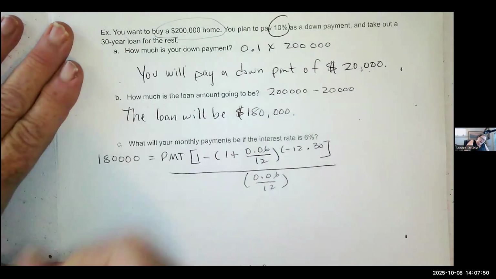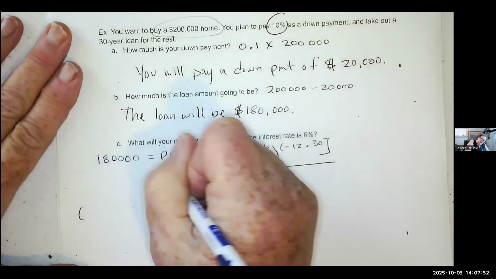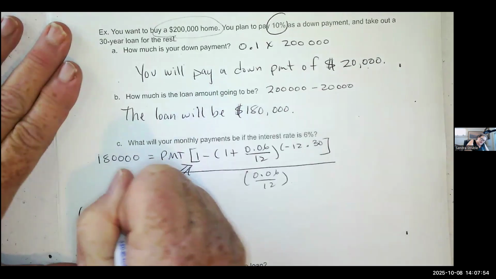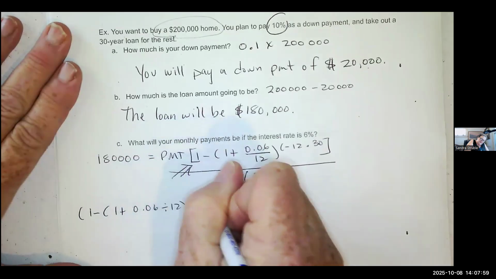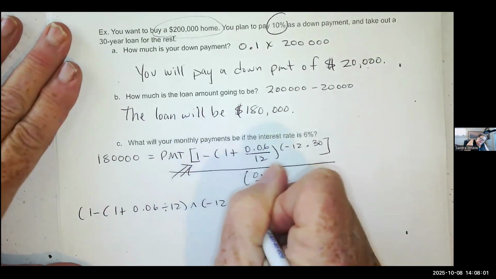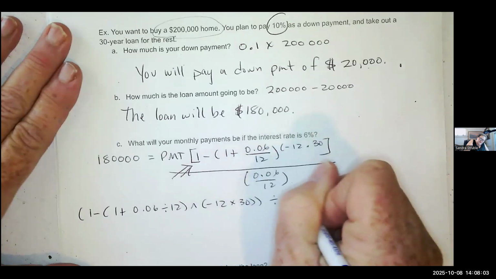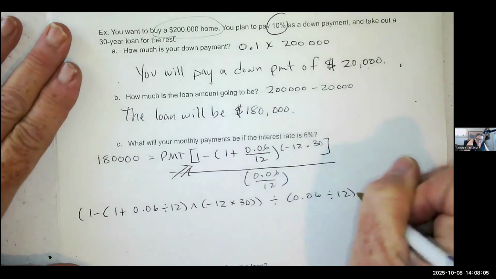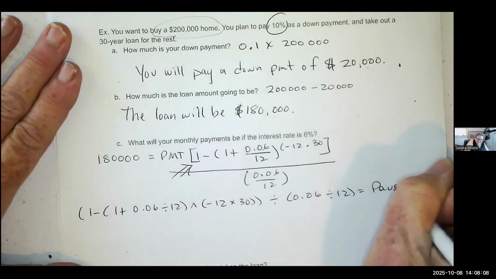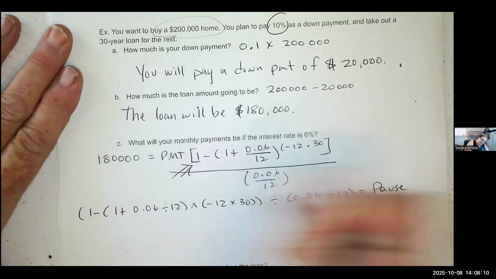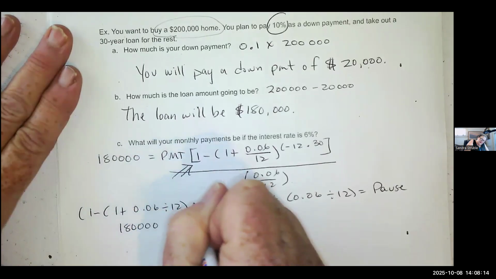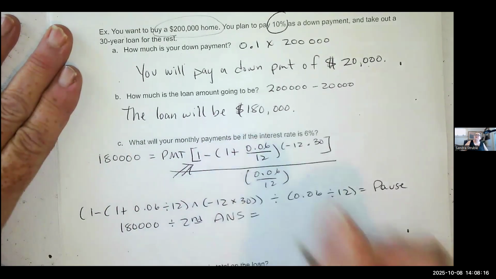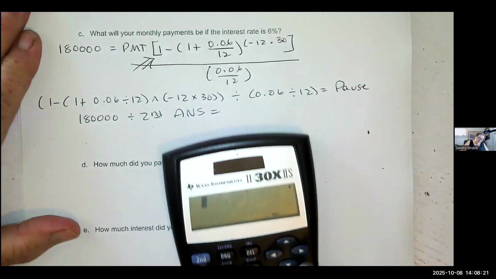All right, let's do the calculator setup. We have to do the 180,000 divided by second, answer equals. All right. Putting it in our calculator.